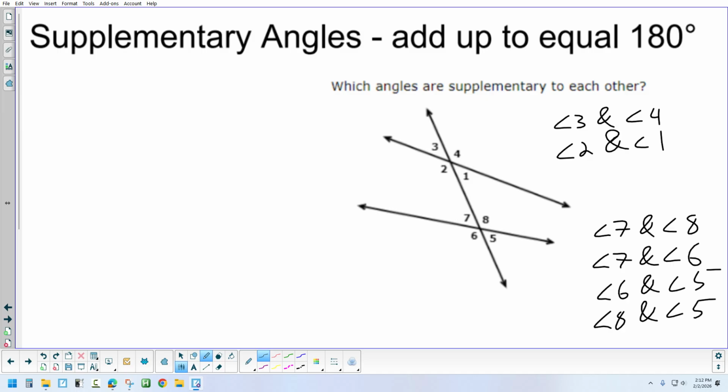And Micah, can you give me another pair at the top that are supplementary? What was it, 180? 180 means when you put them together, they look like a straight line. So any of the pairs we have so far are all supplementary. 3 and 4. Yep, so that's the first one. 3 and 4 are supplementary. What else?